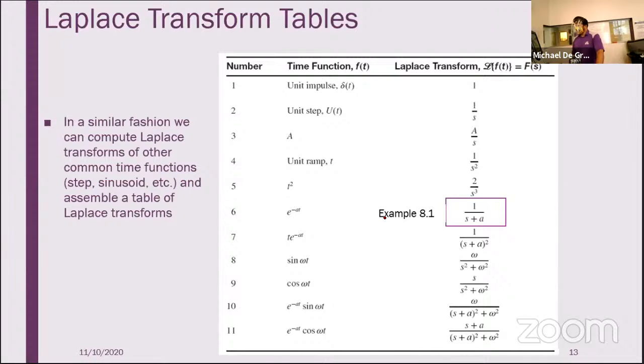Okay. Let me ask you guys a question here. You've got this large function, 0.2 plus 2e to the minus 3t minus 5e to the minus 6t plus 8 sine 4t.